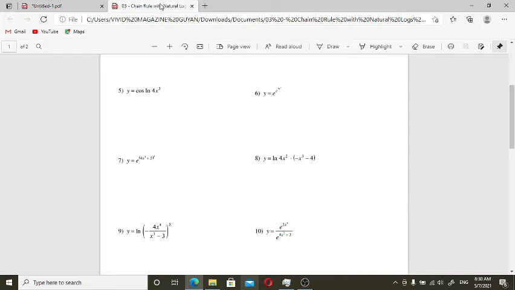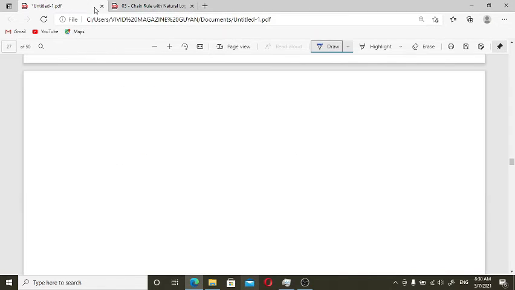Oh, this one is very, very funny. y is equal to e to the 3x squared. So y is equal to big E, small e, and small e has a power of 3x squared. Just reminding you again, I really need to download back my software. e to the x, when you find the derivative of that is e to the x.